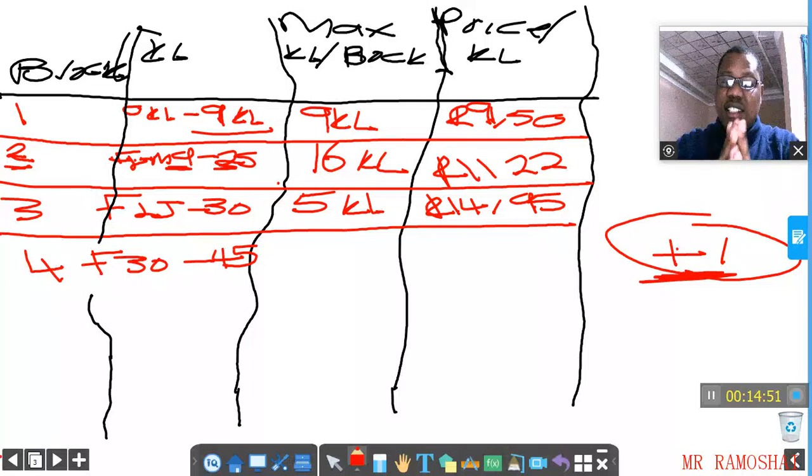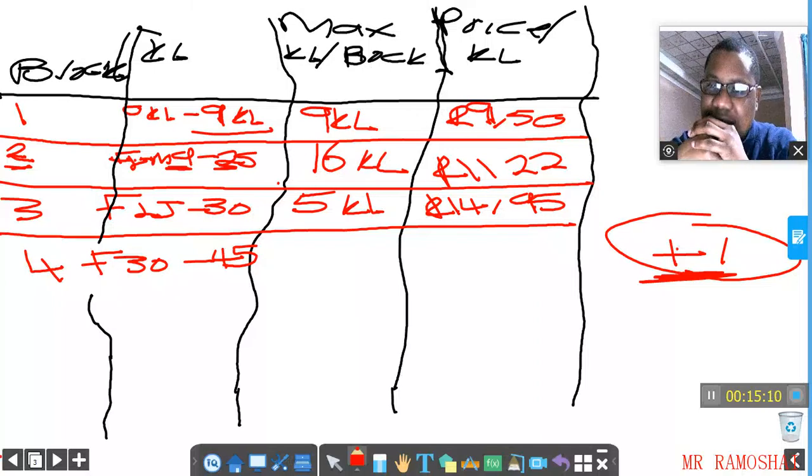Right, guys, I trust my method of counting with my fingers. I know it works best. I never get it wrong with my hands, right? So look at block number 4.